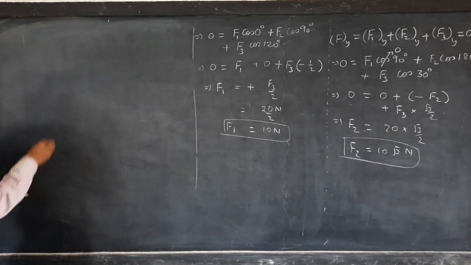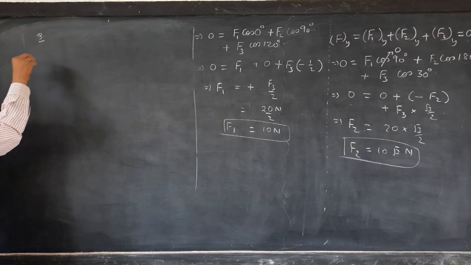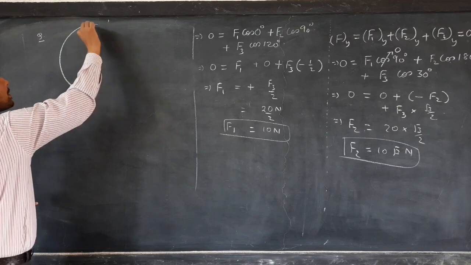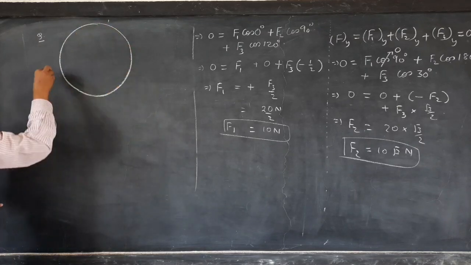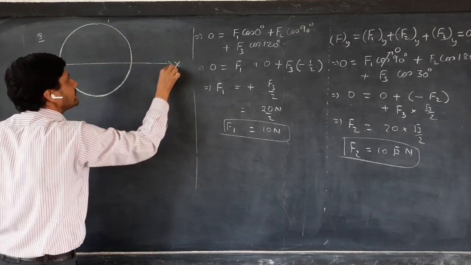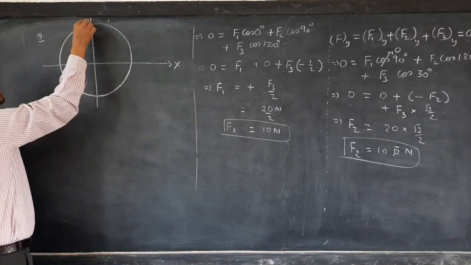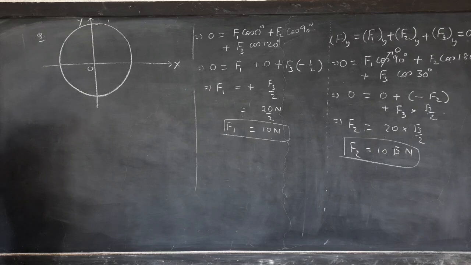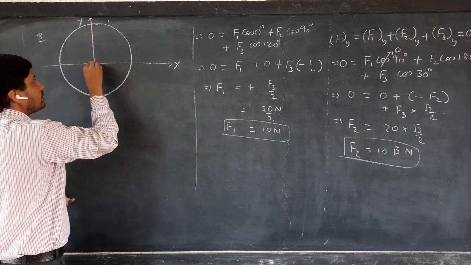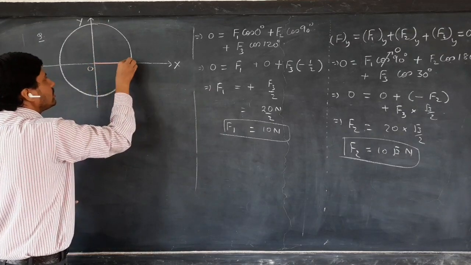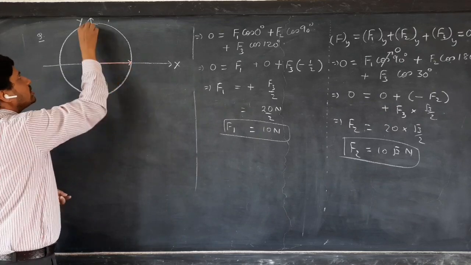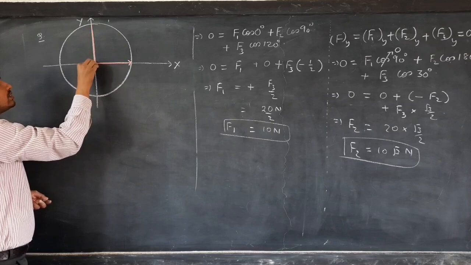Suppose we have a question like this. There is a circle. This is x-axis and this one is y-axis. This you can take as the origin. There are three vectors. This is vector A. Then there is another vector like so.